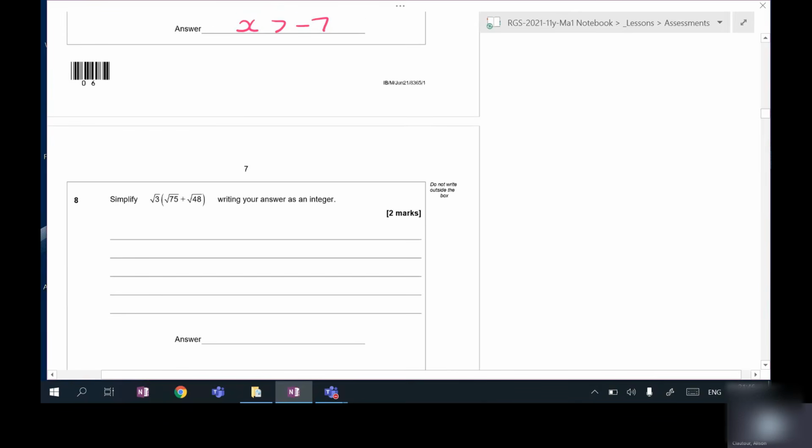So think about surds and multiply out surds. So you can either multiply them out and then simplify them, but it's probably a lot easier if you simplify them first and then multiply out. So I'm going to leave my brackets in for the minute. So root 75 is the same as root 25 times root 3. Okay, and root 48, think about the factors of 48, is the same as root 16 times root 3.